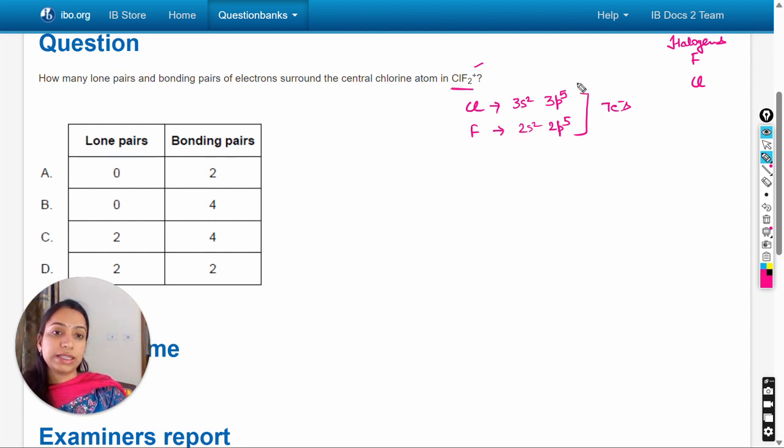either the chlorine atom has lost its electron or a fluorine atom has lost its electron. So firstly let's check what will happen if the chlorine atom loses its electron. It will lose it from the 3p orbital, which means the configuration will be 3s2 3p4.